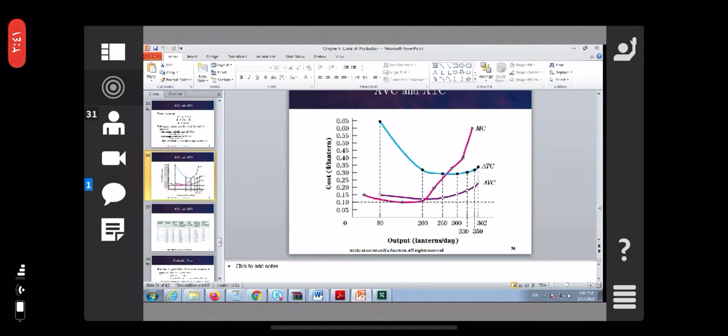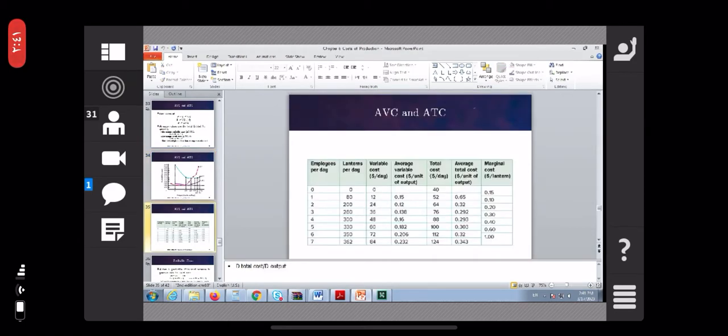These average curves are what tell you to shut down or continue. So if the price is less than the average variable cost, you have to shut down and close. Let me come to the chart, the schedule in front of me. I have average variable cost and total cost.